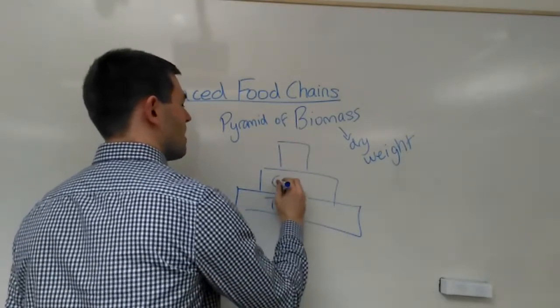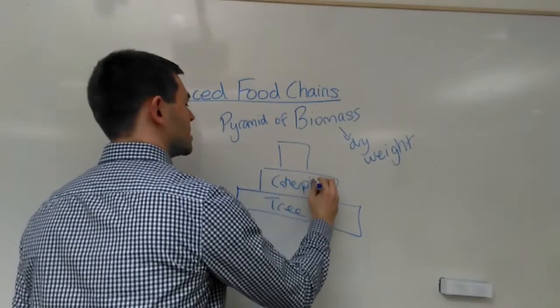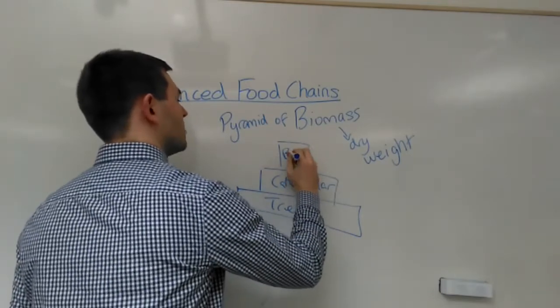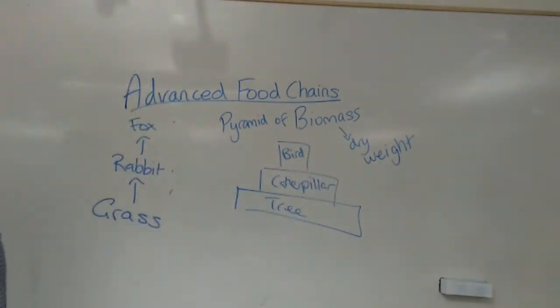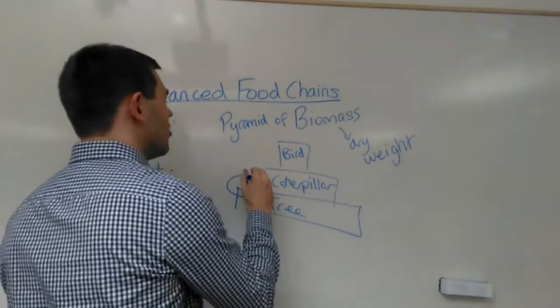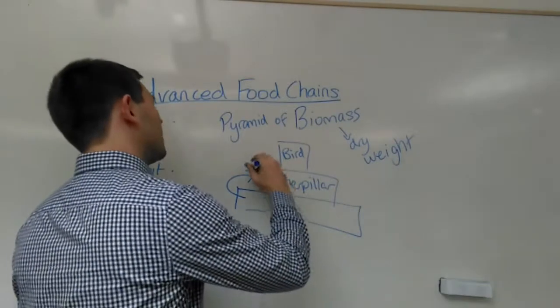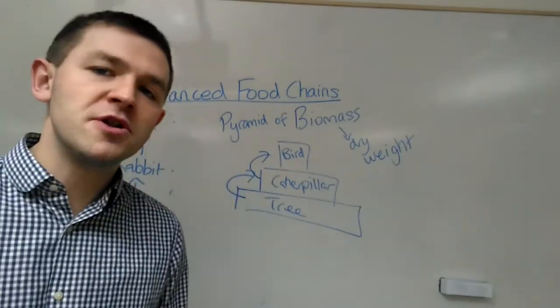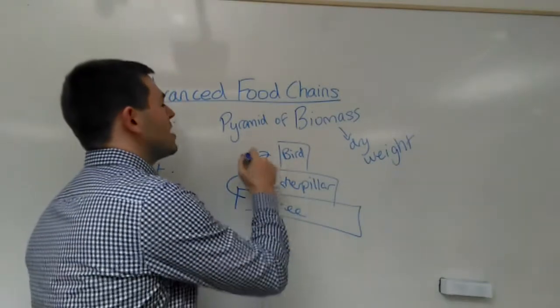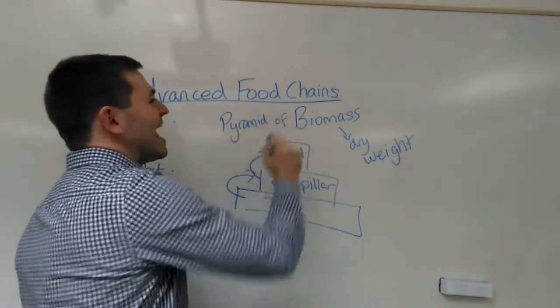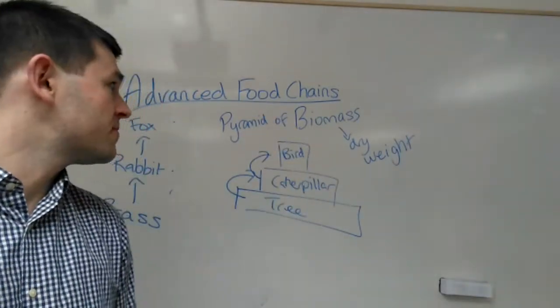Tree, caterpillar, bird. It would always be this shape because the tree would weigh more than the 50 caterpillars, and the 50 caterpillars would weigh more than 20 birds. Always going to be more mass at every step of the chain.